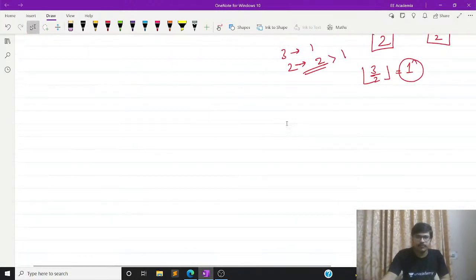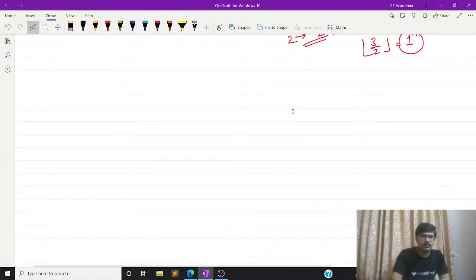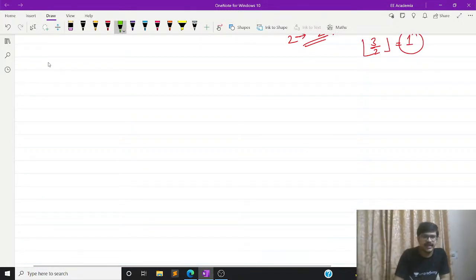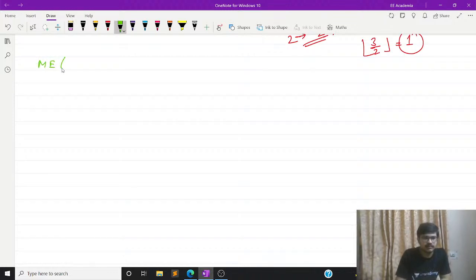So now the pseudocode for this would look somewhat like this. Just a brief idea. I want to find the majority element in an array A, and the left index is L and the right index is R for simplicity.